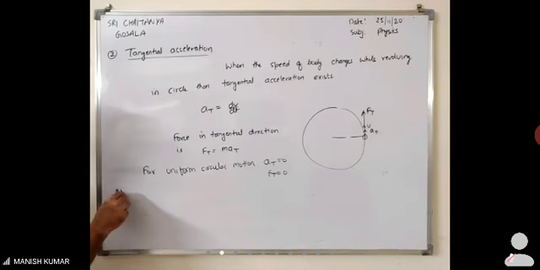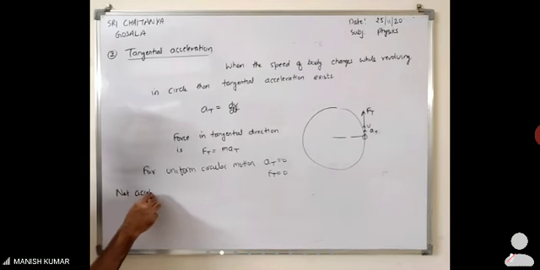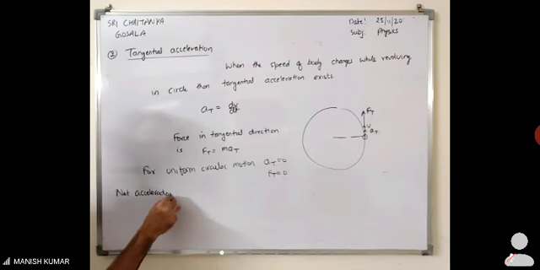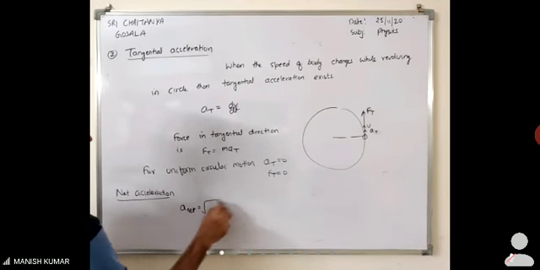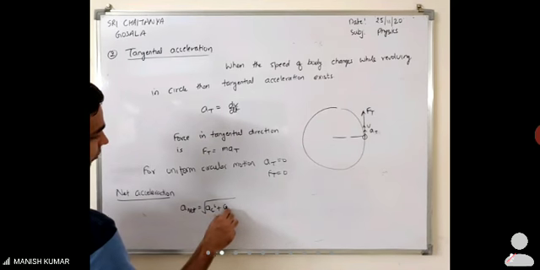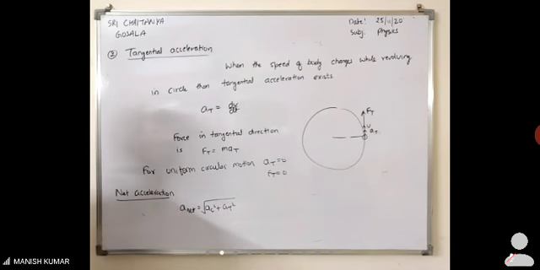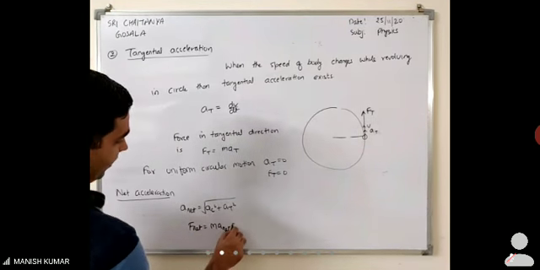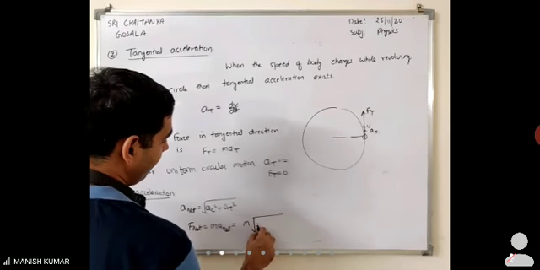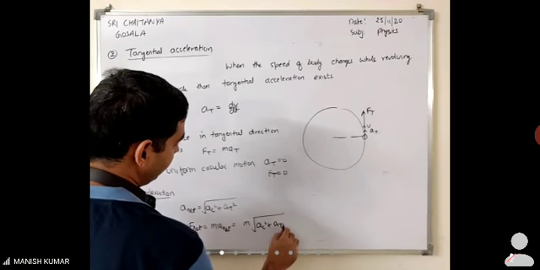If we talk about net acceleration, you know that is nothing but root of a_C square plus a_T square. So net force is nothing but m into root of a_C square plus a_T square.